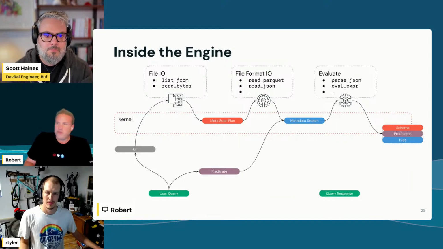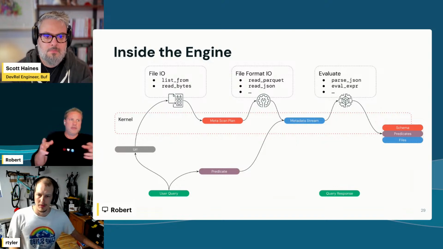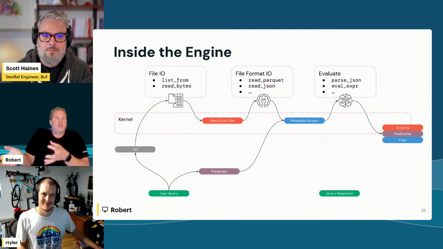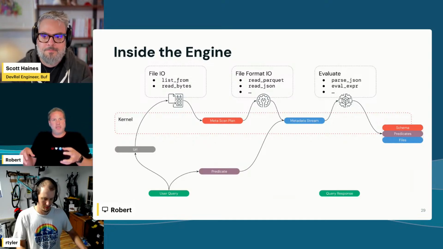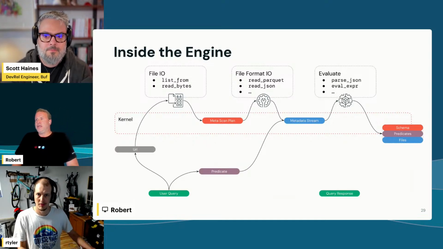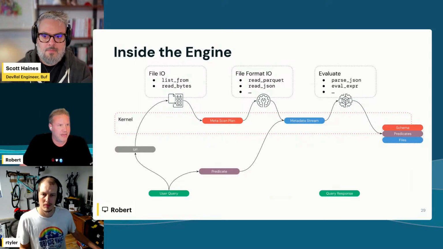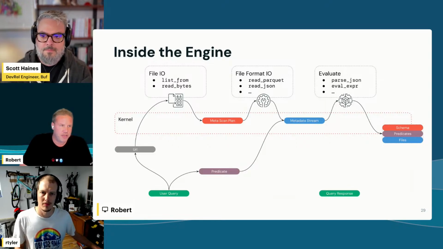And then we have the expression evaluation, which is applying the expression system we talked about, right? There are certain operations we need to do on top of this data, and these operations are expressed as engine expressions. Then what we get back is the schema that we should expect to read from the files, the logical-to-physical schema, which contains things like column mapping.